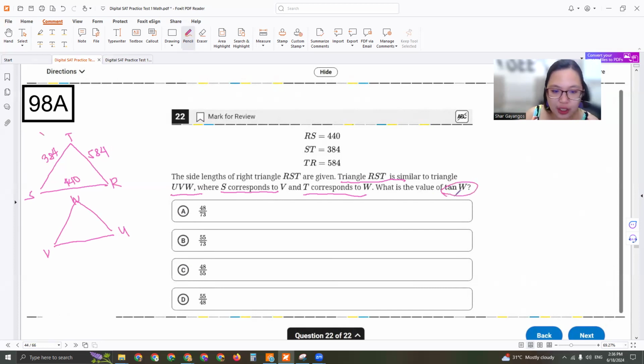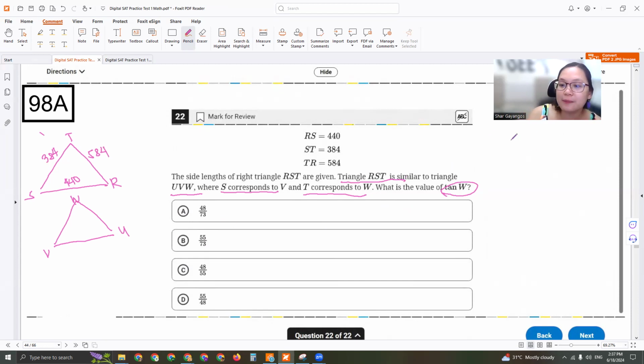Okay, let me just check something quickly. All right, we're looking for tangent W here, and these are what we're given.